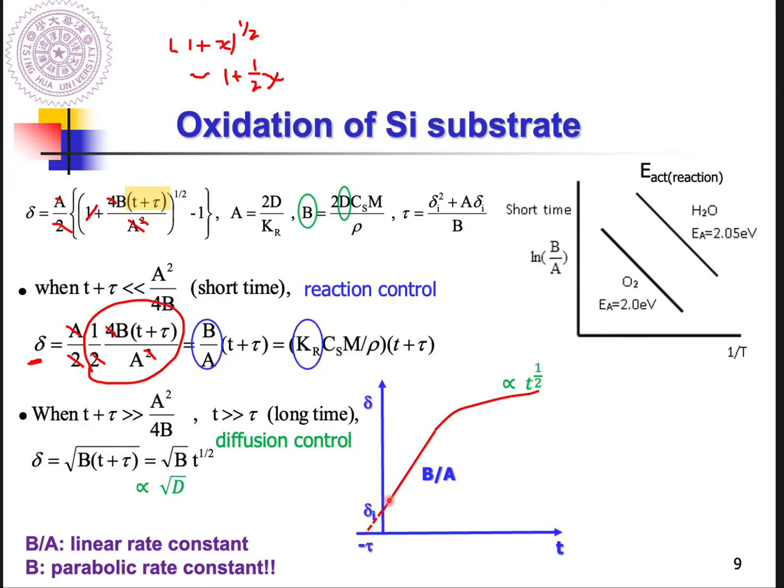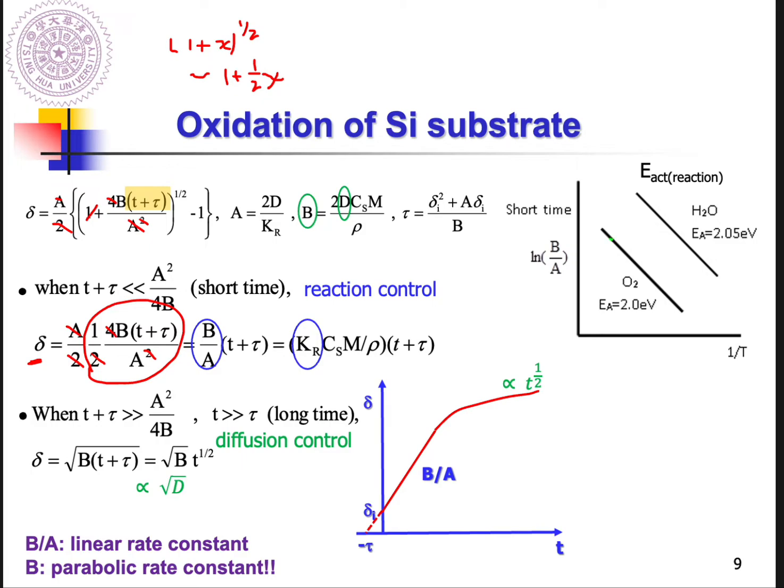So for shorter reaction time, if you measure the delta thickness as a function of reaction time, for a short reaction time at different temperatures. For example, like this is T1, right?